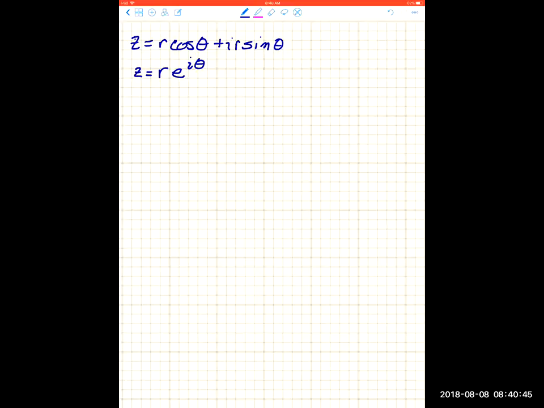So let's think about the complex number -8. So let's find the polar form of the complex number -8. Now let's think about where that is on our complex number plane.